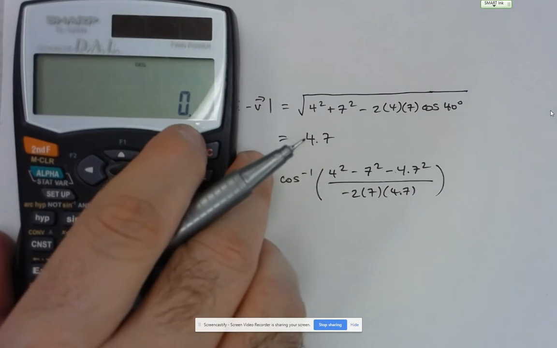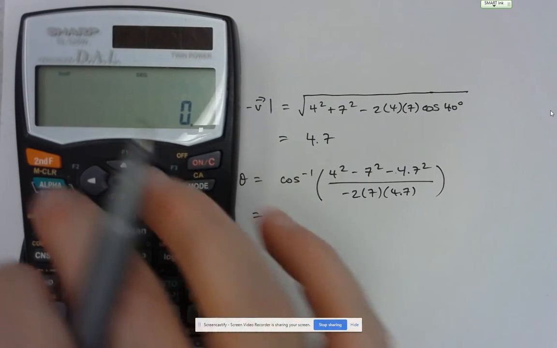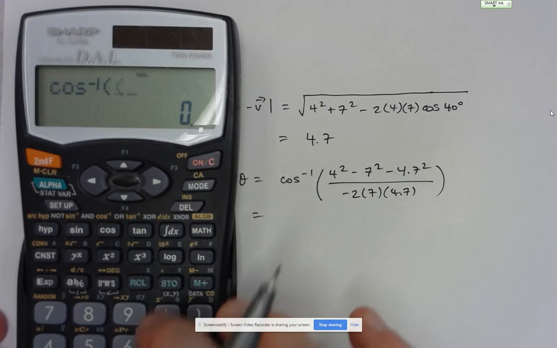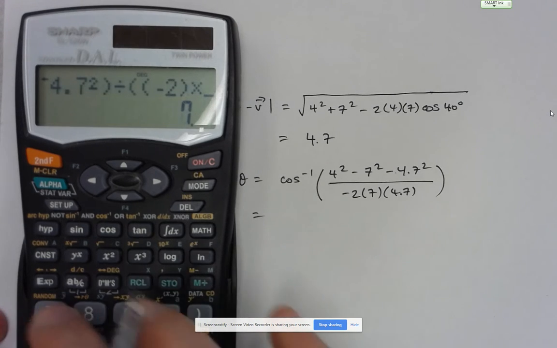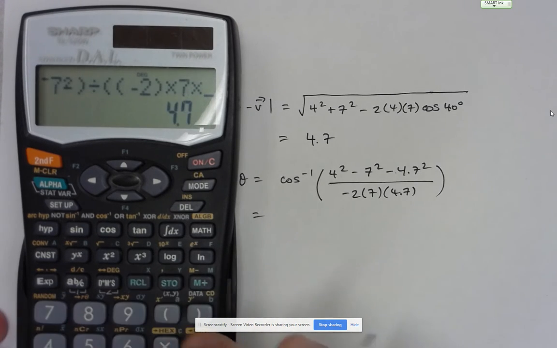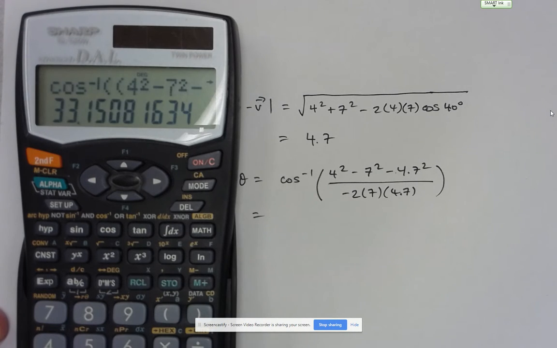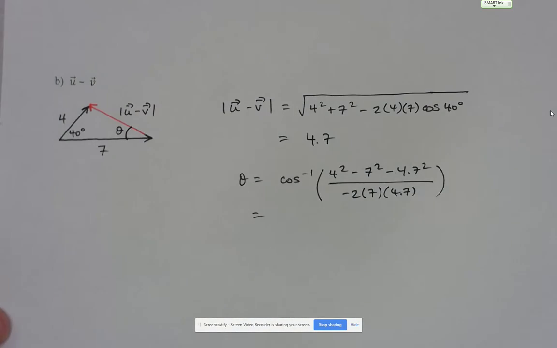We've got cos inverse of, open the bracket for the numerator, 4 squared minus 7 squared minus 4.7 squared, close bracket, divided by, open bracket, negative 2 times 7 times 4.7, and we have 33, I guess we'll just call it 33.2.